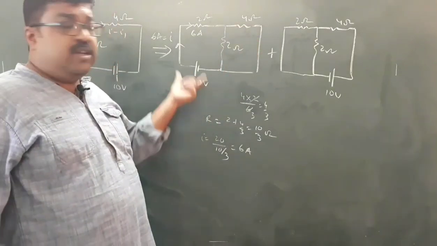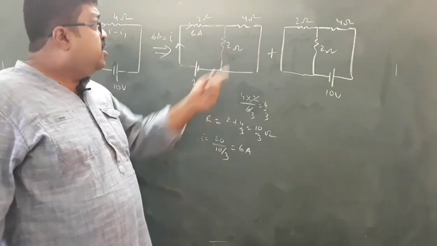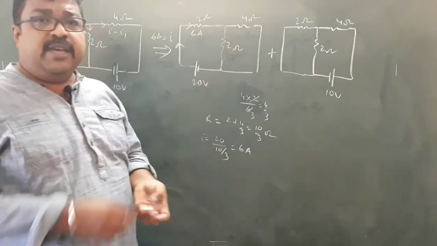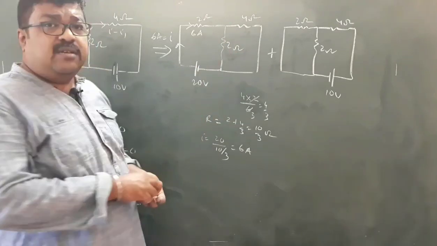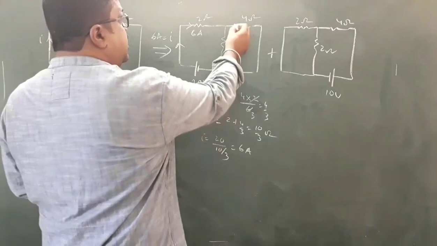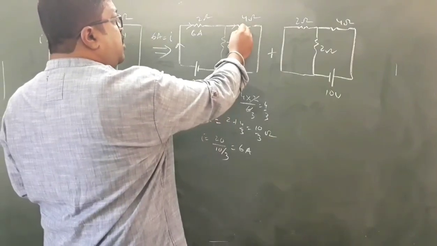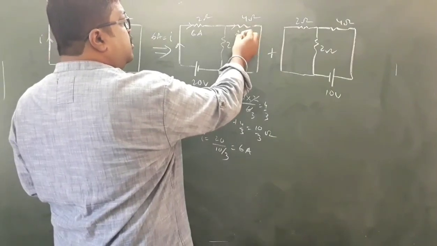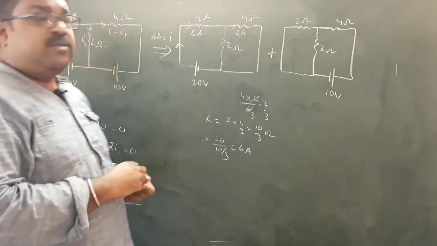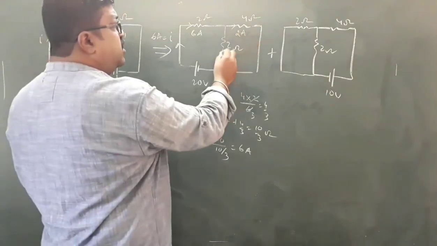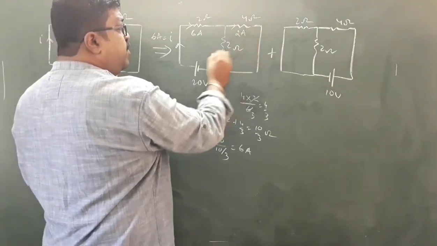Total is 20, 12 is dropped, so left is 8. So across this the potential drop will be 8. So if 8 is the potential drop, the current flowing through this will be how much? 2 ampere.